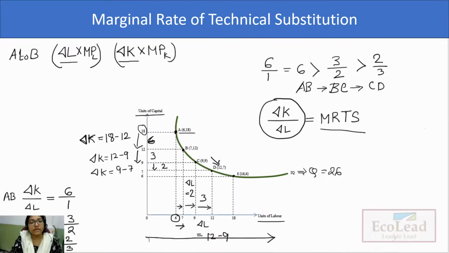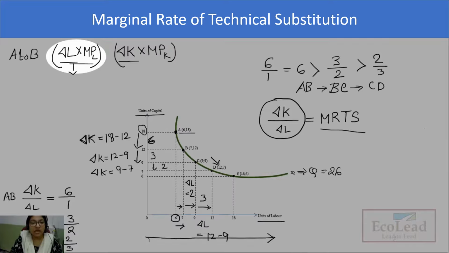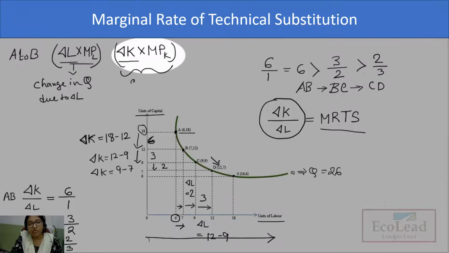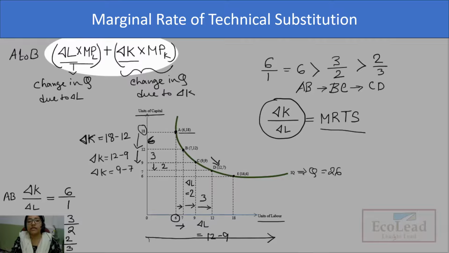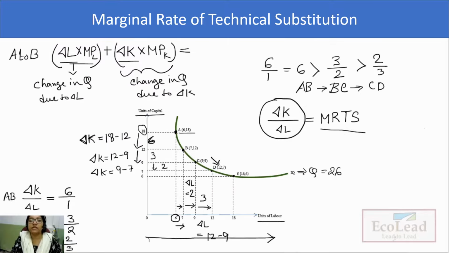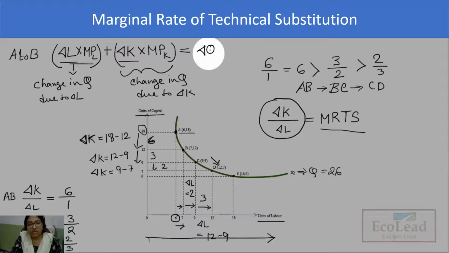So this is the change in output due to the change in L, and this is the change in output due to the change in K. Now if I take the sum of these two changes, that must reflect the total change in output.